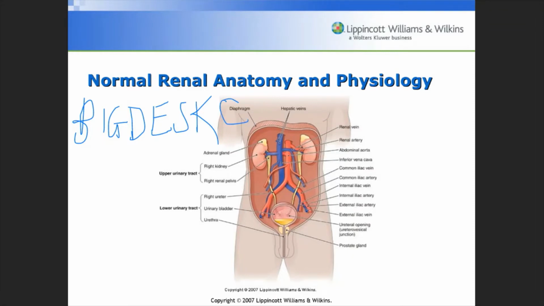And then it controls the pH of our body, for example, because the kidney can get rid of the hydrogen ion directly, as opposed to the lungs, which do it indirectly.